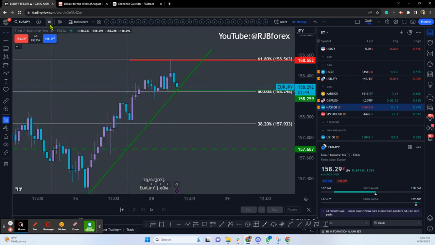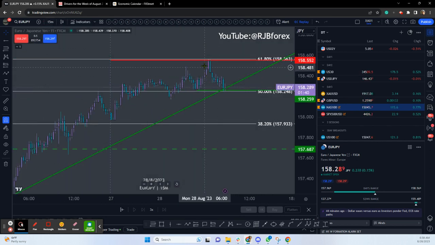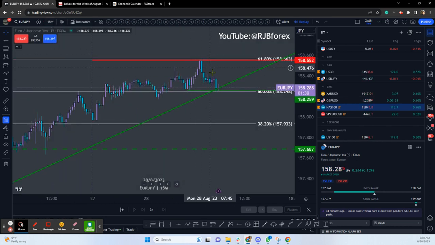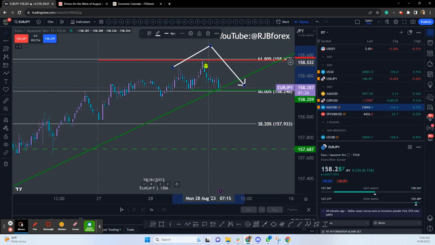Right, so on a 15-minute chart, we can start monitoring that. So potential high of the day. So peak formation. As you can see, these are the lows, the higher lows before the higher highs.